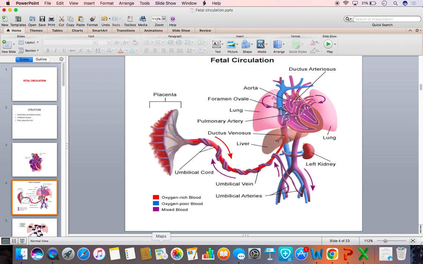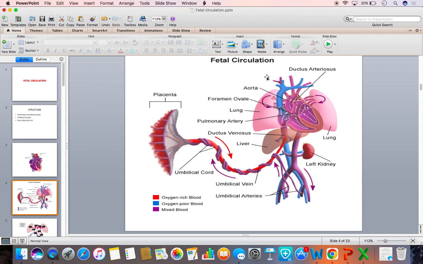Well, we try to know about the fetal heart. Fetal heart is again a four-chambered structure with two atria and the two ventricles. Right atrium receives the venous blood from the superior vena cava as it happens in the adults.